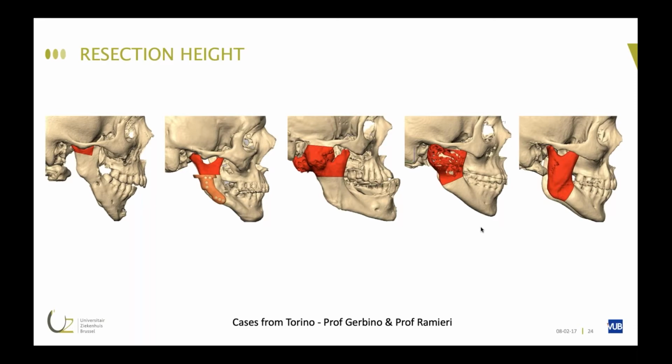Pathology and resection height, soft tissue thickness, elasticity, and previous incisions help to determine the choice of the approach, most notably the length of the submandibular incision.